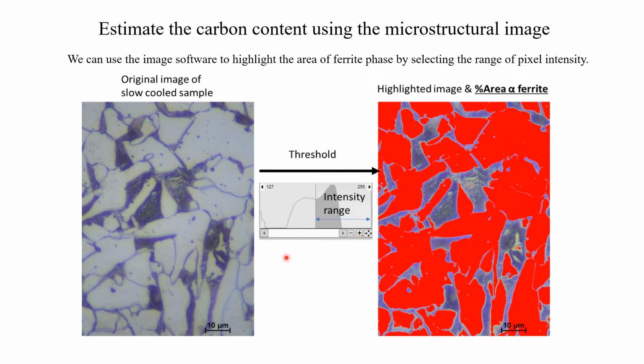Then we use the image software that's embedded in the microscope and select the high intensity range of the pixels. The high intensity range will highlight the region that is bright, which is associated with the area of alpha ferrite phase. The software will automatically give us a value of the percentage of alpha area. The percentage area here is almost equivalent to the percentage of volume inside the material.